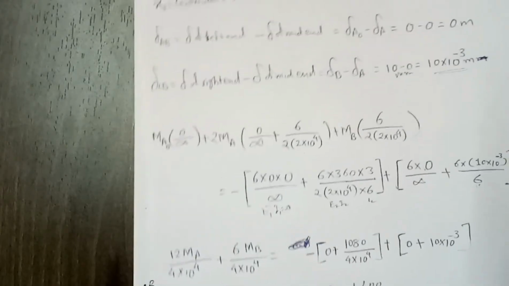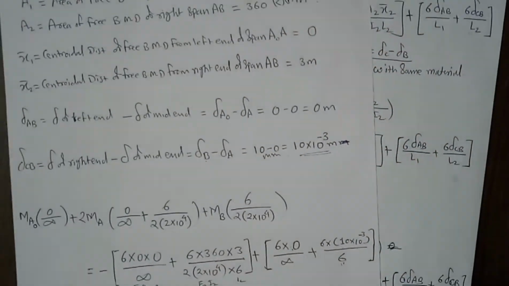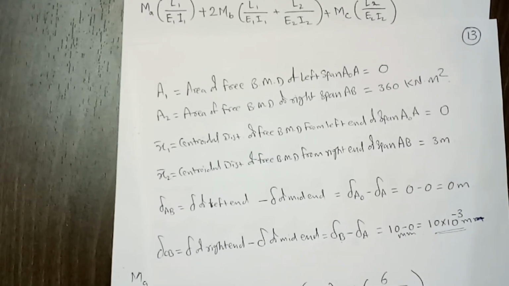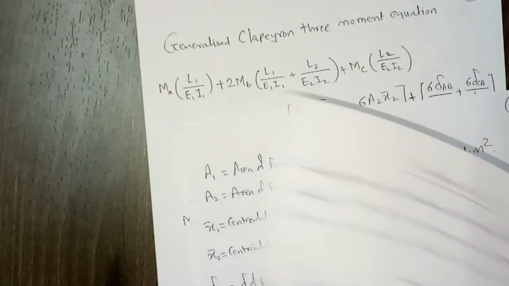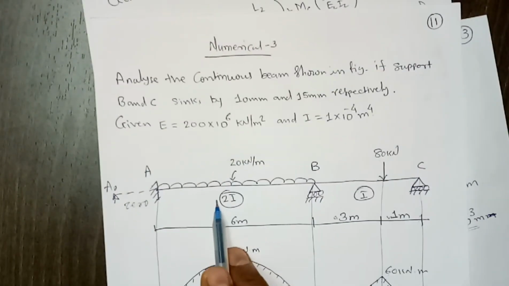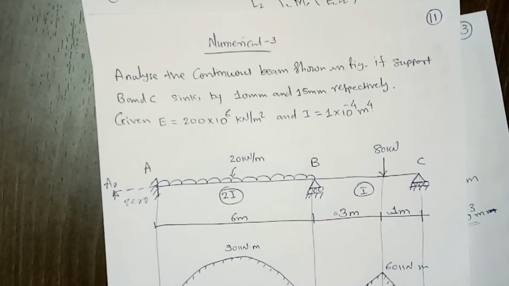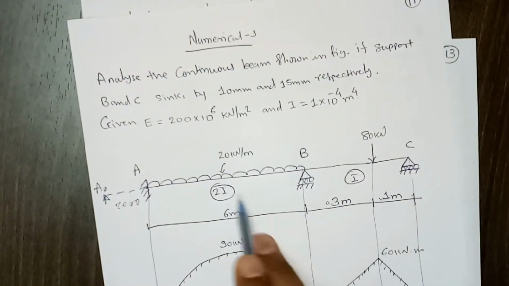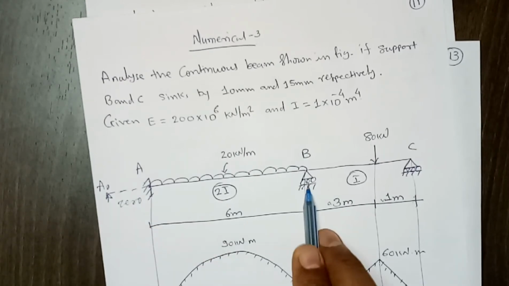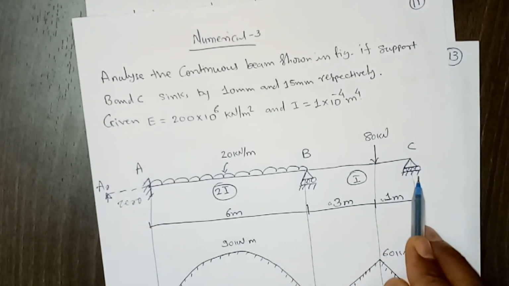Now we have used this Clapeyron's three moment equation for the first two spans, that is A0A and AB span. So we have used this three moment theorem for these two spans. Now we'll be using it for these two spans. So now when we use these two spans, this A becomes the left support, B becomes the mid support, and C becomes the right support.